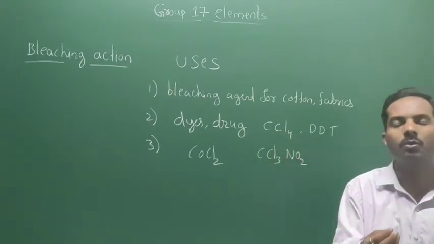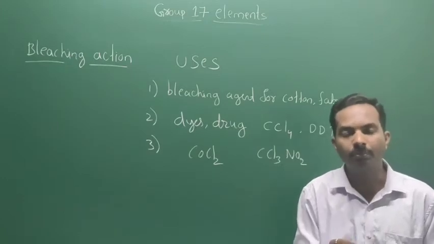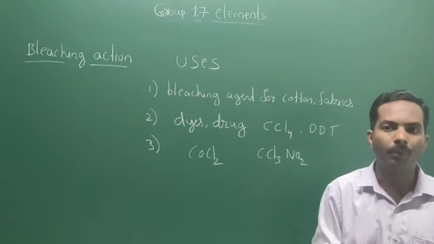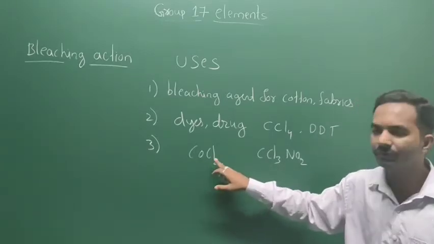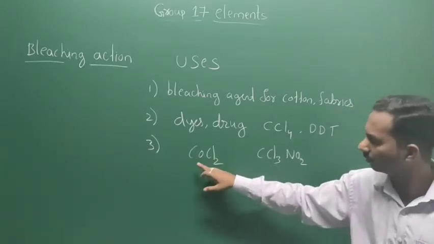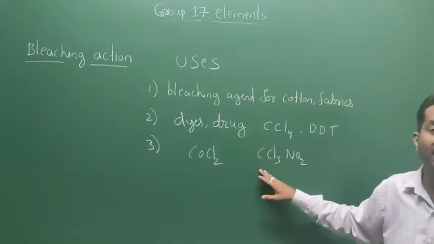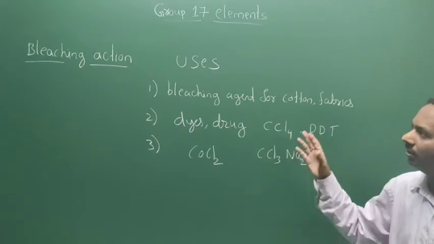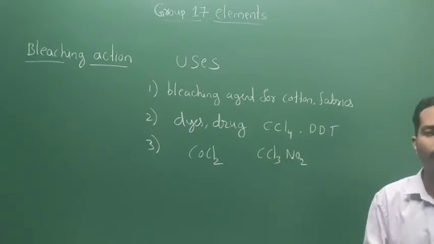So here chlorine is also used in the preparation of poisonous gas, formula COCl2, and tear gas, formula CCl3NO2. So here these are the uses of chlorine.